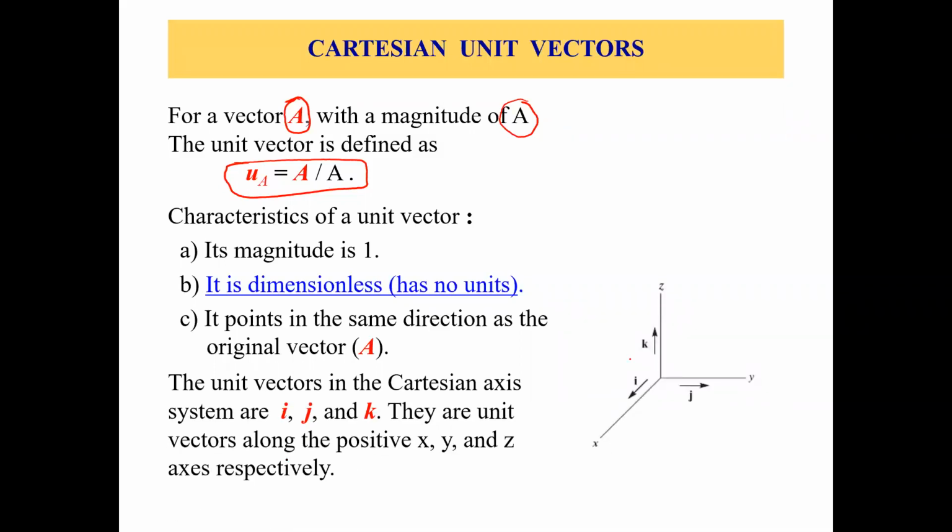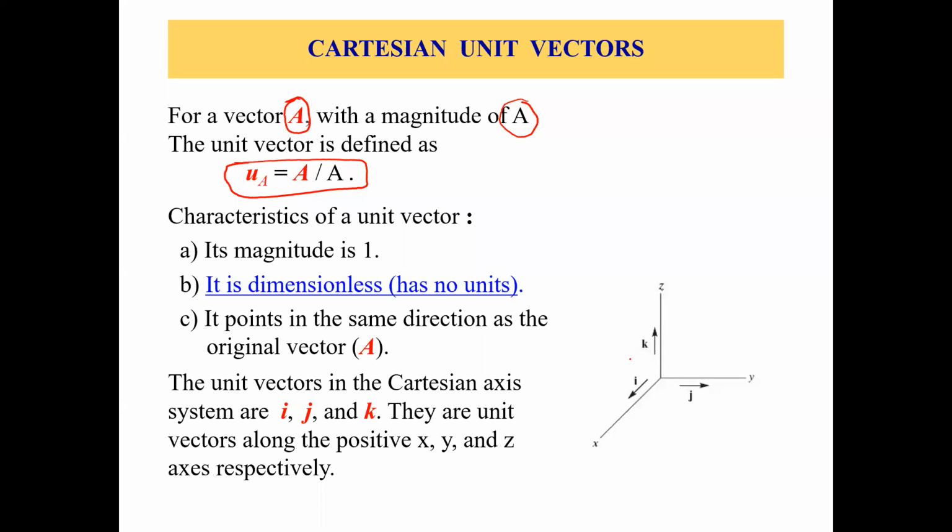All right, so in the Cartesian coordinate system, we have i, j, and k, which are the unit vectors or direction vectors along the positive x, y, and z axes respectively.